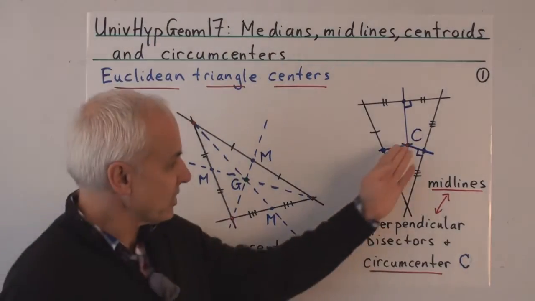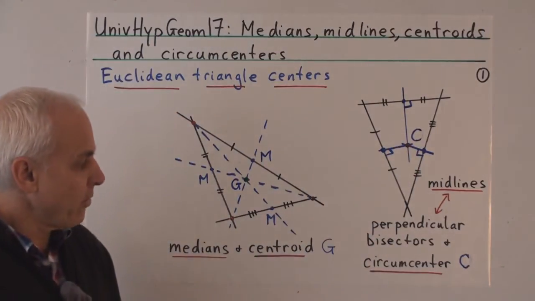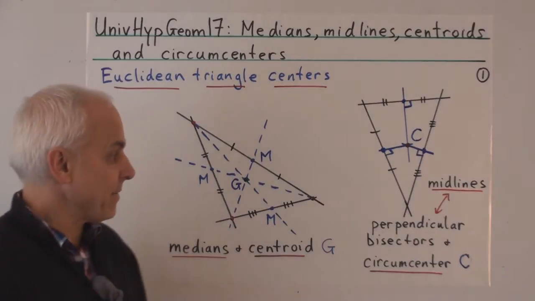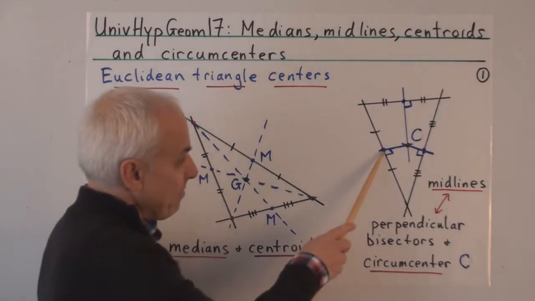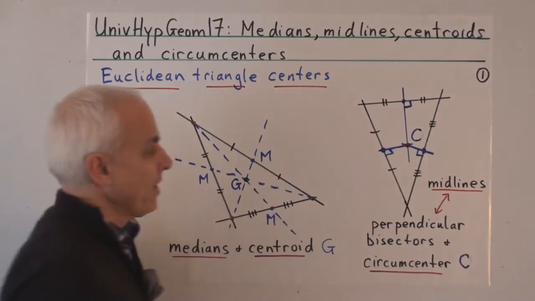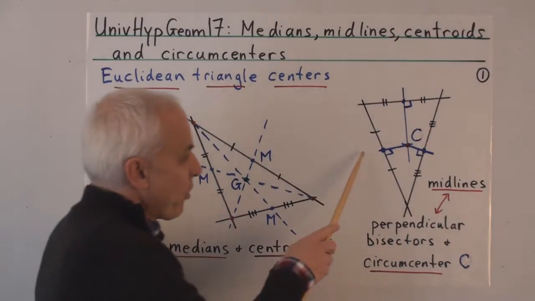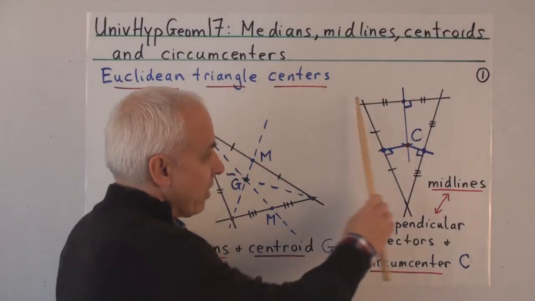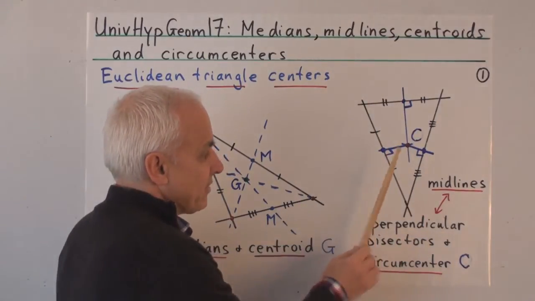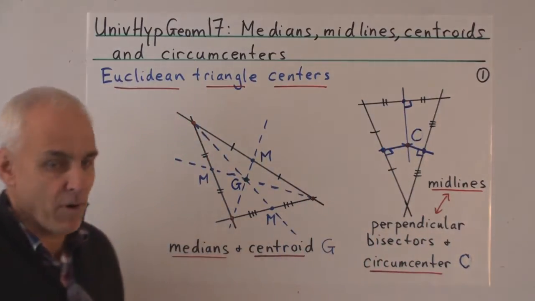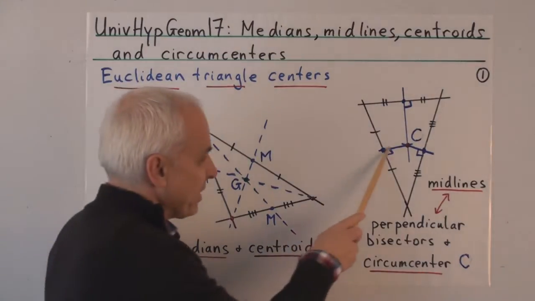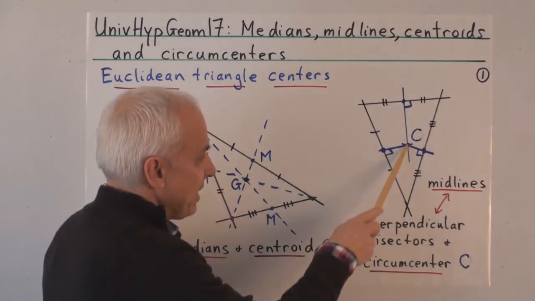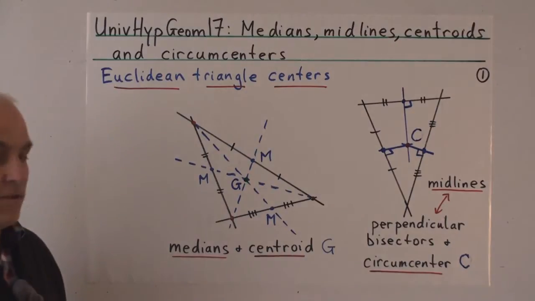Another important center is the circumcenter, which we're going to denote by C. And that's also obtained from the midpoints of the sides, this time by looking at perpendicular bisectors. So we're looking at lines which are perpendicular to the sides of the triangle through the midpoints. There are 3 perpendicular bisectors, and they meet at a point called the circumcenter.